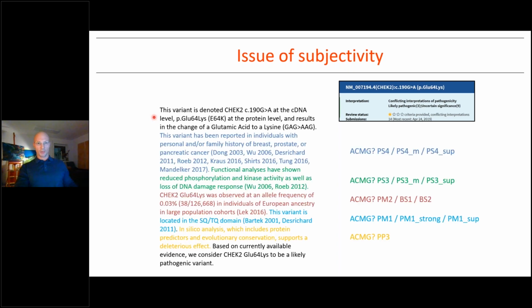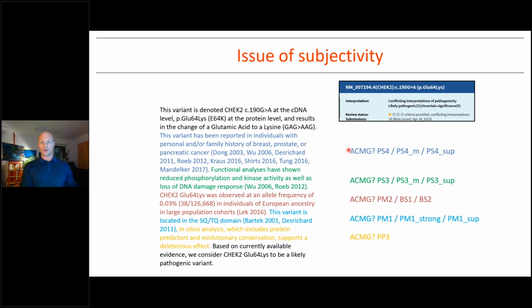But what I want to extract here is, I did a sort of color coding, and I want to point out, for example, that it says this variant has been reported in individuals with a personal or family history of breast, prostate, pancreatic cancer, and so on. So these cancers are well in the spectrum of pathogenic CHEK2 variants. And you have also some literature citations here, a lot of papers.